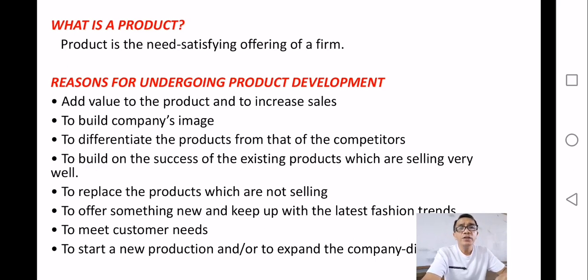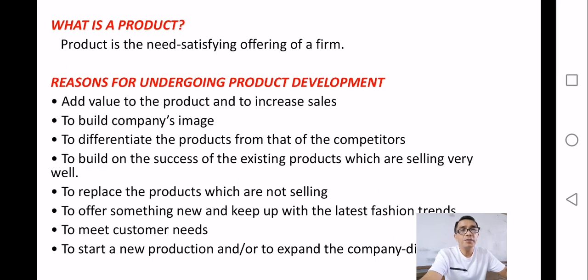And then to build the company's image. So we want to make sure that our customers will remember our company as a company that they can trust, a company that they can rely on, a company that will be trustworthy in terms of the products being offered to them.